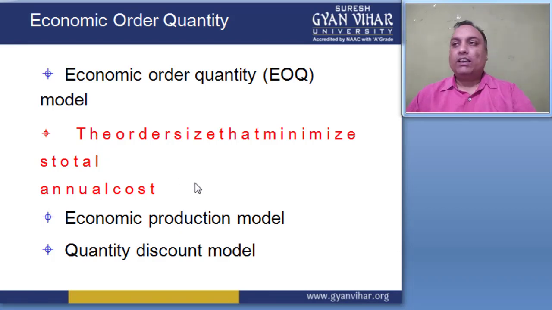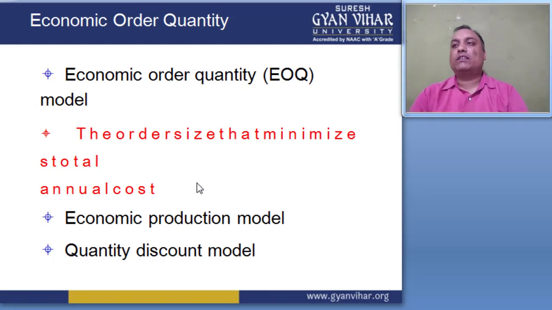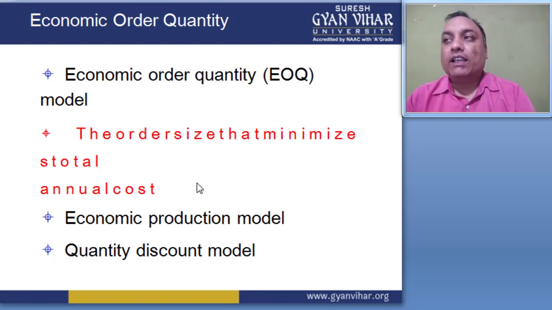This model is used as the economic order quantity model because it establishes the most economic size to order, and it is one of the oldest classical production scheduling models.